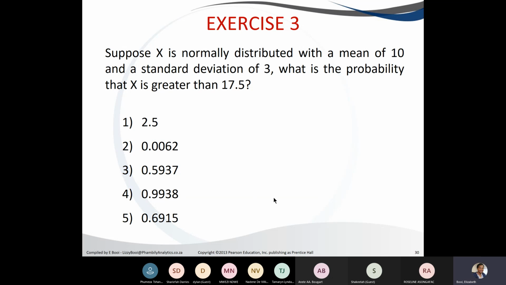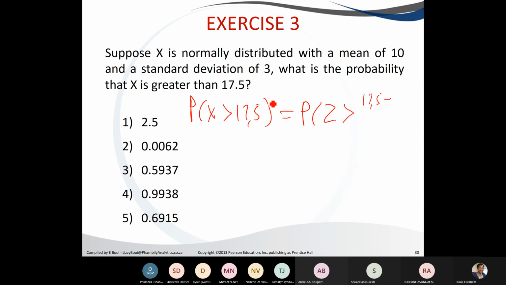Okay, so we need to find the probability of x greater than 17.5, which means we can find the probability of z greater than (17.5 minus 10) divided by 3, which is the same as finding 1 minus the probability of z less than that.